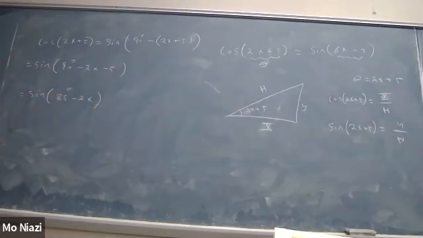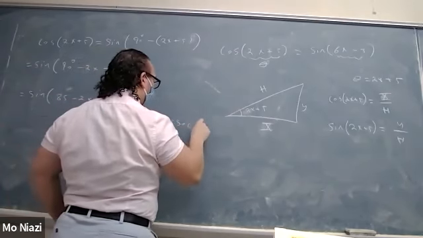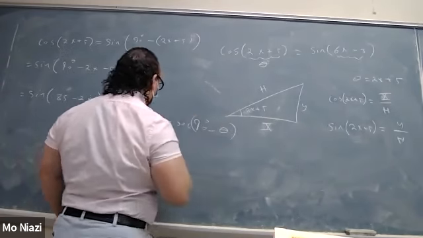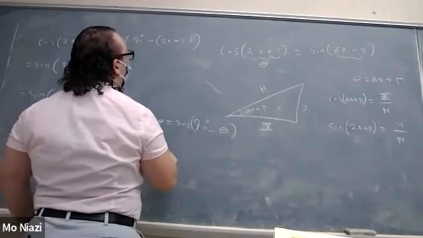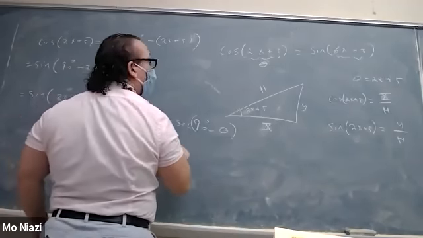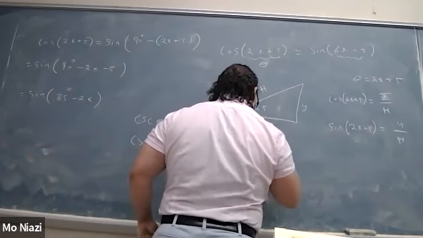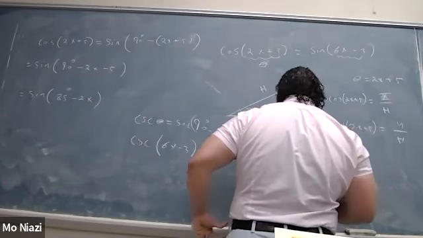I use the cosecant theta equals secant of 90 minus theta. That's what I use. So then the cosecant of 6x minus 3 is equal to the secant of 90 degrees minus 6x minus 3.